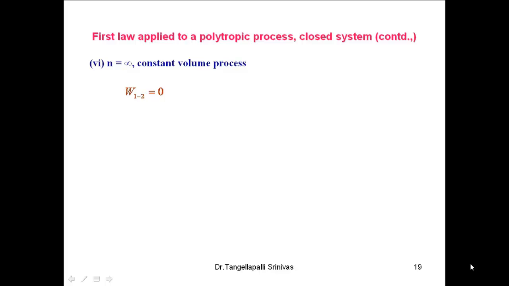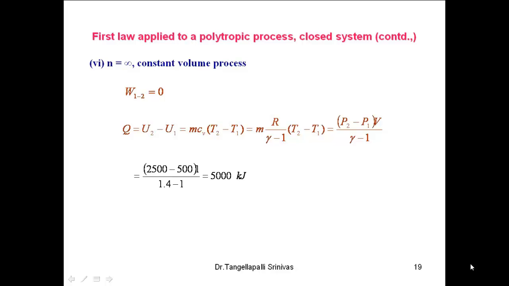The constant volume means there is no change in volume, that is integral of P dV is equal to 0. That's why work is 0. The Q is equal to U2 minus U1 from the first law of thermodynamics, that is 5000 kilojoules. The change in internal energy is also the same, 5000 kilojoules.